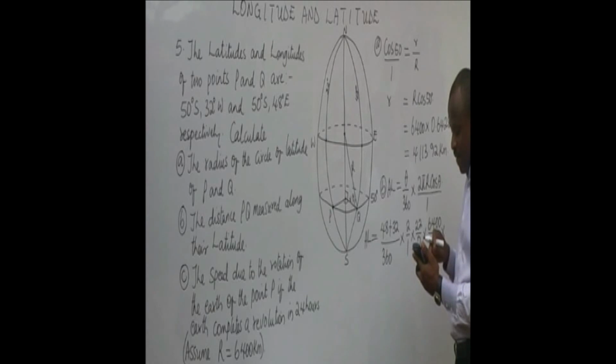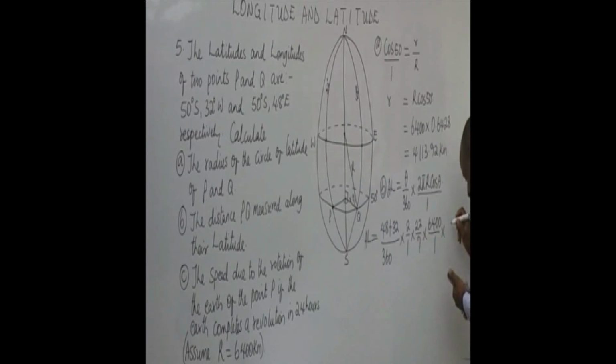So let's find the value of cosine 50 straight because of our time and space. Cosine 50 has the value of 0.6428. Okay, let me just believe that the camera got it.